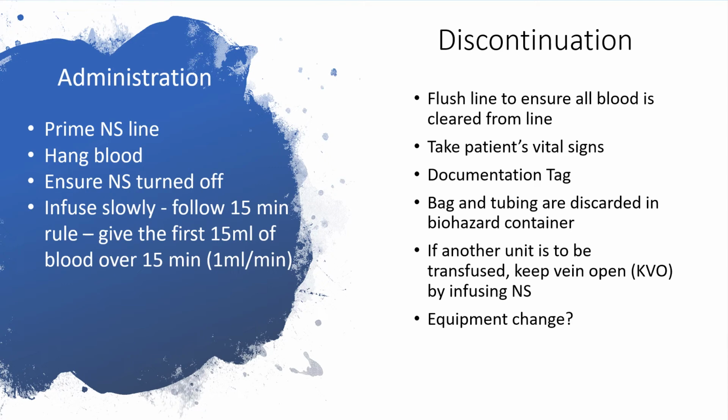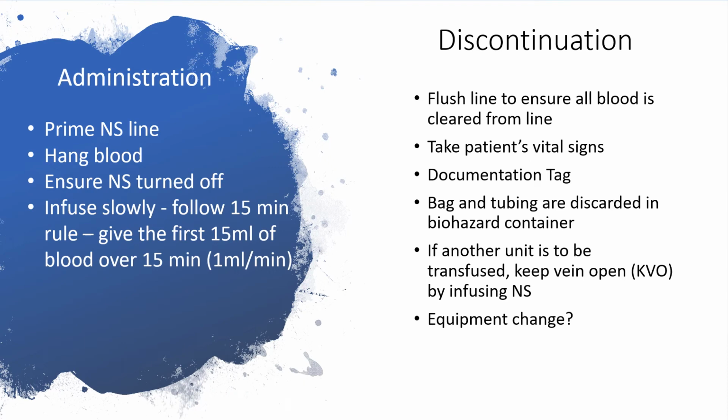Make sure the normal saline is turned off and the blood port is open, and then you will initiate the transfusion slowly for the first 15 minutes at 1 ml per hour, because the majority of the transfusion reactions occur in the first 15 minutes. When you discontinue, you need to flush the line to ensure all blood is cleared from the line at the same rate of the blood transfusion.